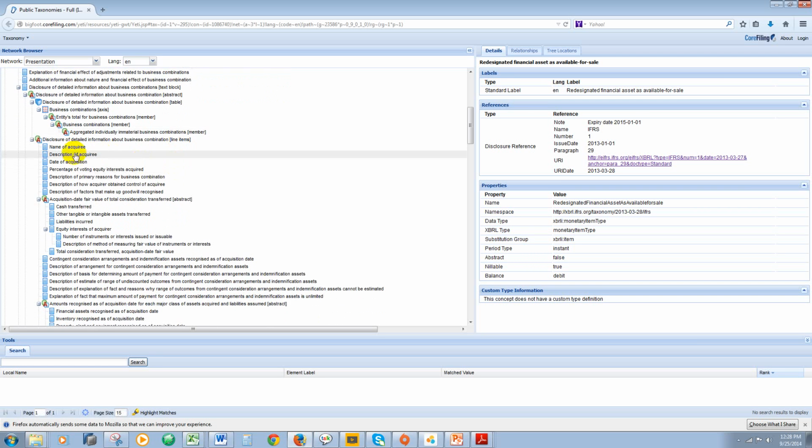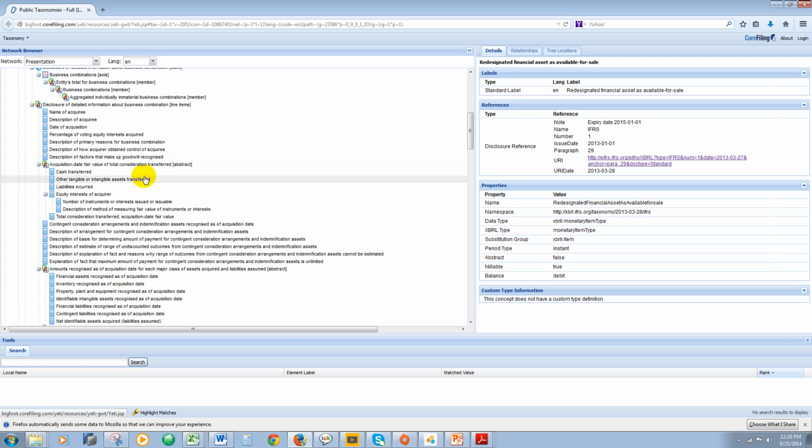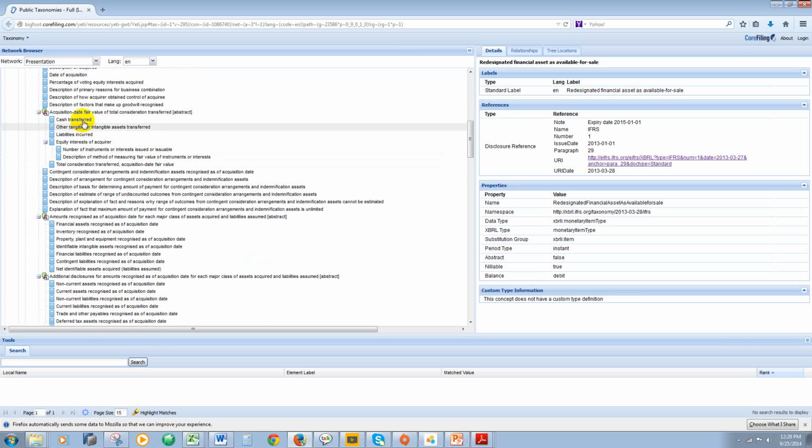So we have these line items: name of acquiree, description of acquiree, date of acquisition, percentage of voting equity interests acquired, description of primary reasons for business combination, description of how acquirer obtained control of acquiree, description of factors that make up goodwill recognized, and we find acquisition date, fair value of total consideration transferred, abstract.